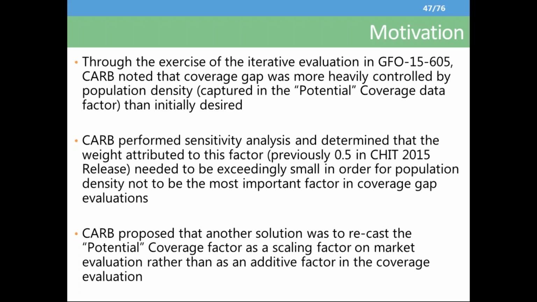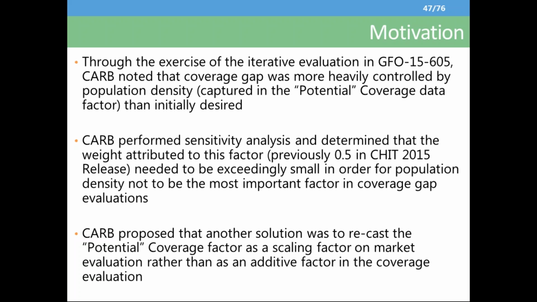So next slide. Basically, when we were going through the GFO 15605 process, we noted that one of our factors, which was called the potential coverage data factor, which is essentially modified population density, was too heavily weighted.